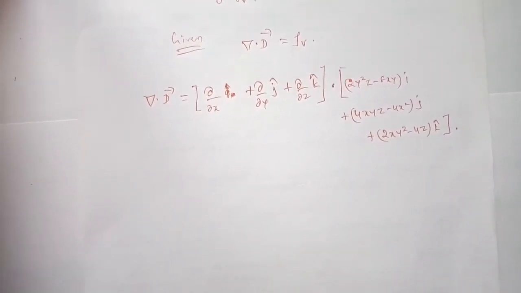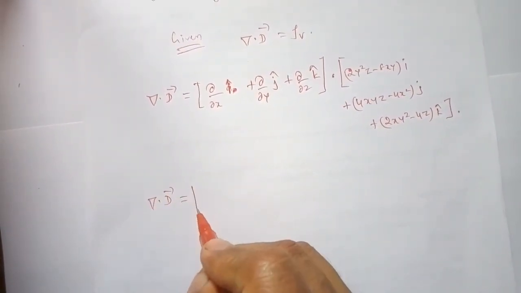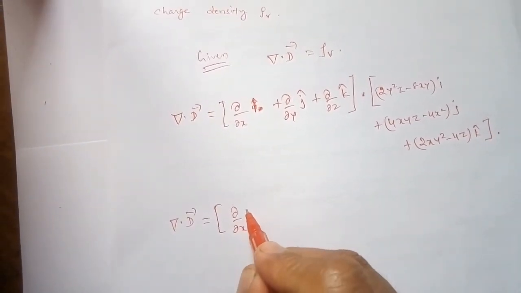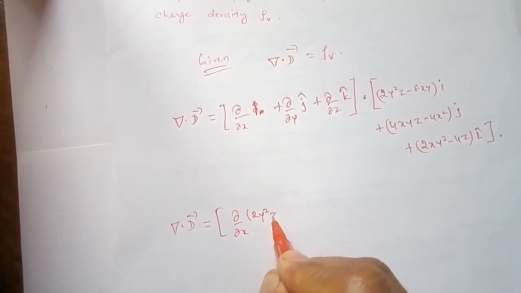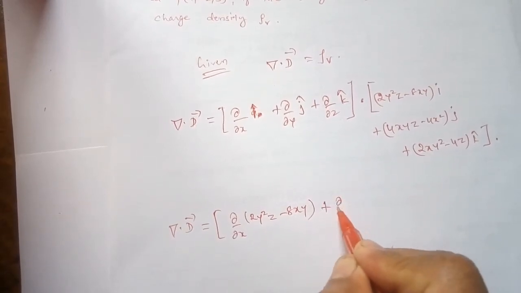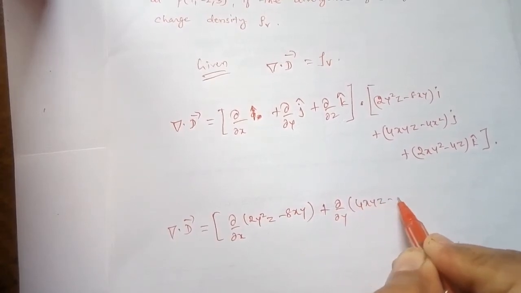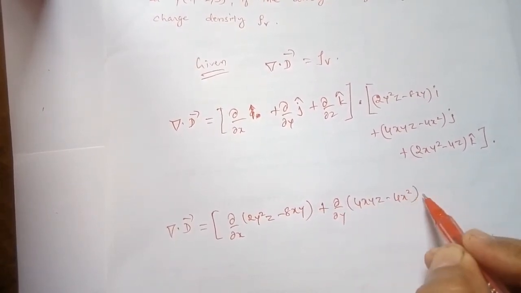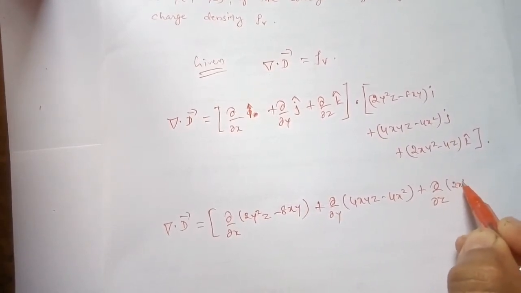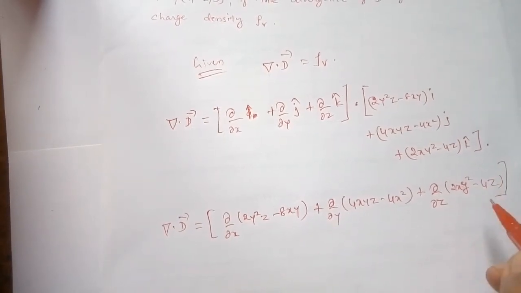the above equation will be del dot D is equal to ∂/∂x of (2y square z minus 8xy) plus ∂/∂y of (4xyz minus 4x square) plus ∂/∂z of (2xy square minus 4z).